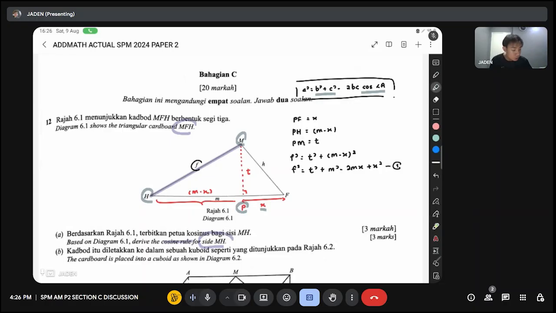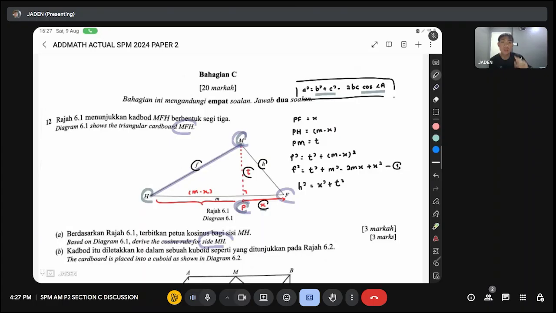The second equation: I want you to shift your attention to the smaller triangle. Same case, you're going to take h squared equal to x squared plus t squared.